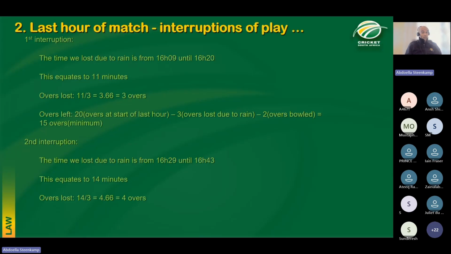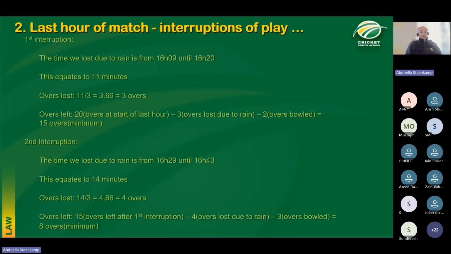Very important that you take note. When we do our calculation for overs left in our second interruption, we cannot start with 20 overs, which was at the start of our last hour. We now need to start with the overs that were left after our first interruption, which is 15. We cannot start with 20 at our second interruption. We need to start with 15.